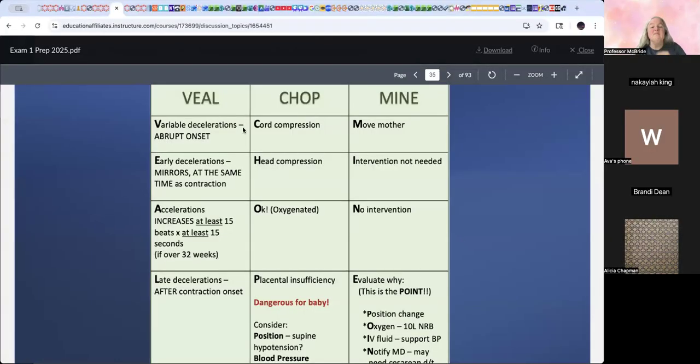Remember VEAL CHOP? Variable decelerations have that abrupt onset, and they're caused by cord compression. So moving the mom is a good first thing to do.